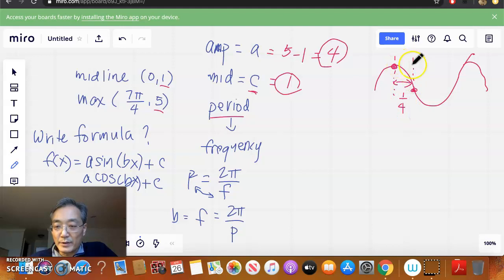Why? Because we know the period is from max to max, correct? That's an entire period. Well, we know that from max to min is half a period. So this is half of a period.